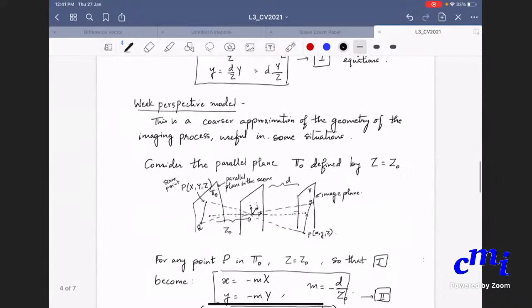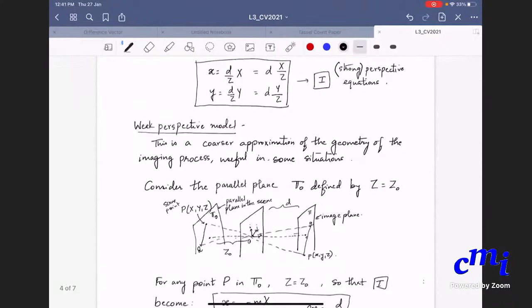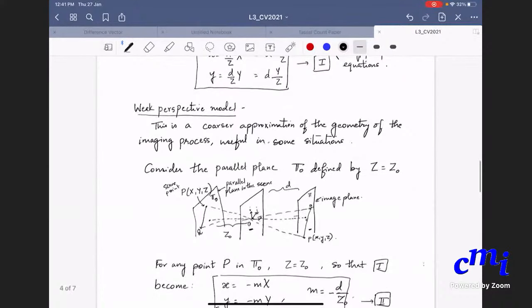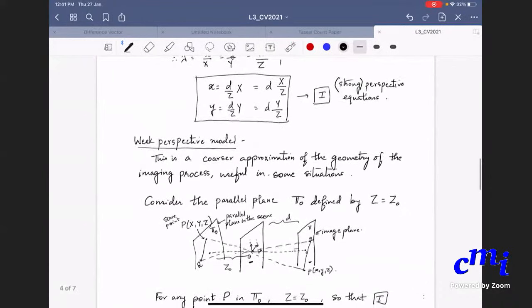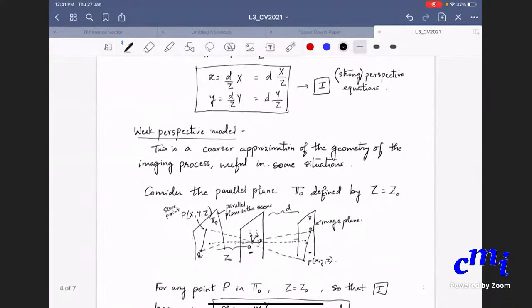So in this case, here again you have your camera plane, here you have your image plane, and here is the scene point. Because the scene relief is small, you can think that all the scene elements lie in a plane. Again, this is a huge approximation, but for mathematical purposes, because the distance between these two is going to be small, you can think that all of them lie in some parallel plane.